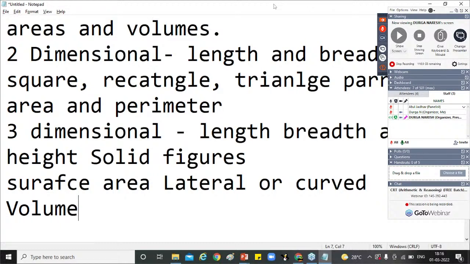having length and breadth only. For these figures, there is no depth.